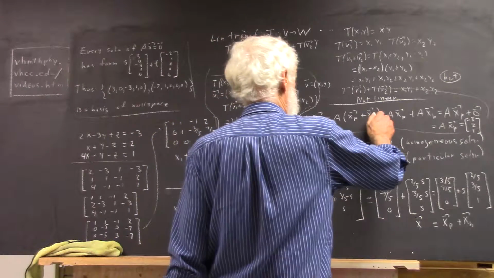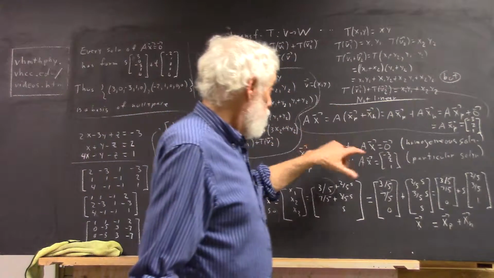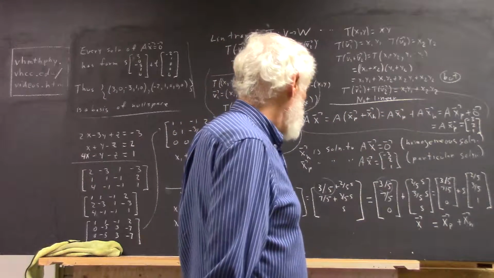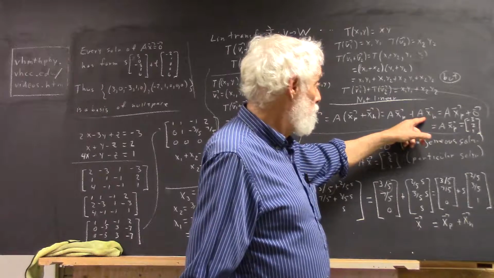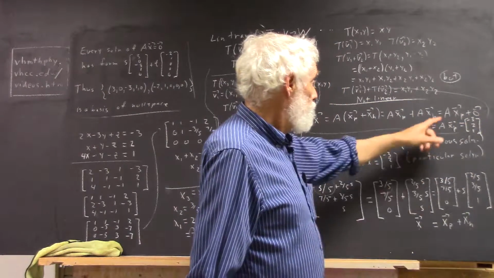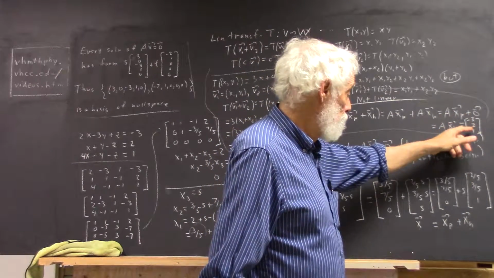By linearity, that's A times XP plus A times XH. And XH is a solution to the homogeneous equation, so A times XH is 0. So we just have a solution A times XP, and in this case, that's our -3, 2, 1.